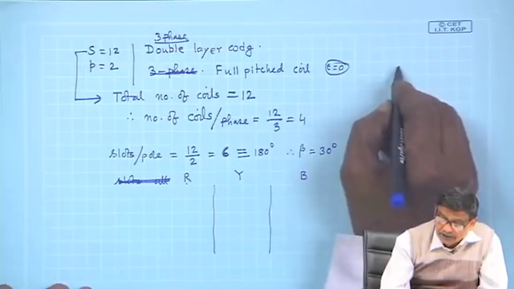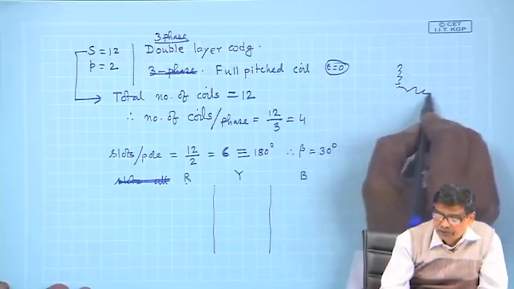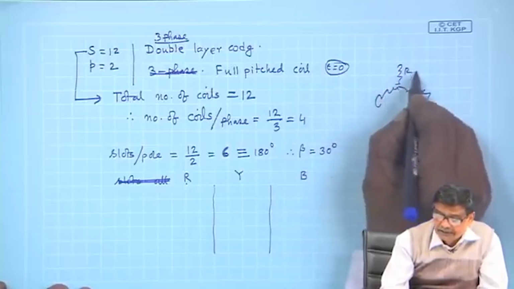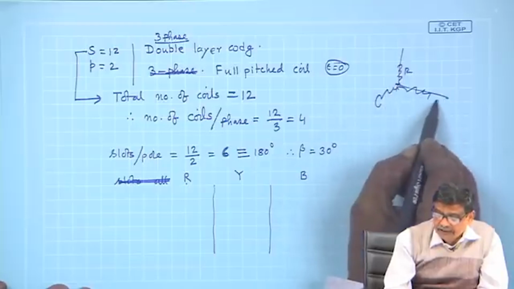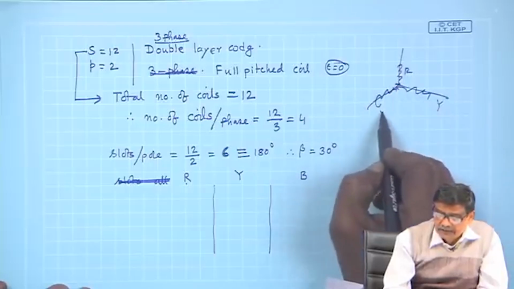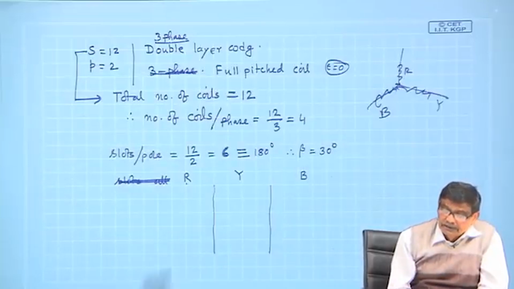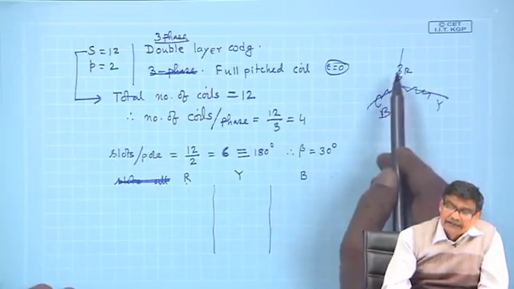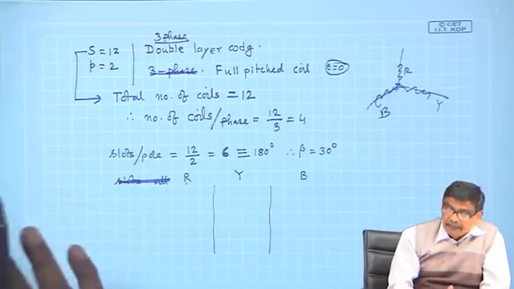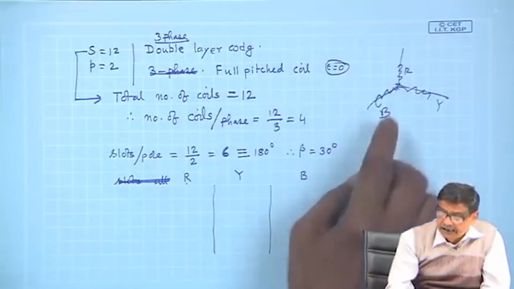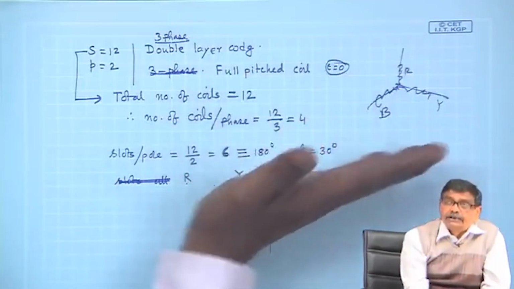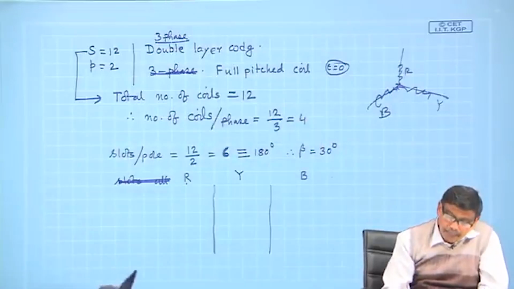That is how we draw. This is R phase, this is Y phase, this is B phase. So, RYB is the phase sequence. So, the axes of R phase coil and Y phase coil are 120 degree apart, that is all.